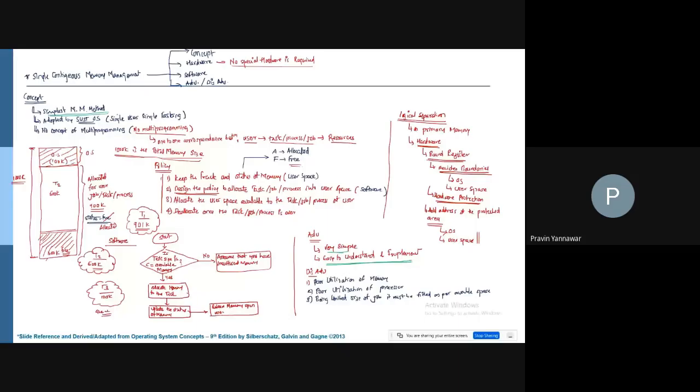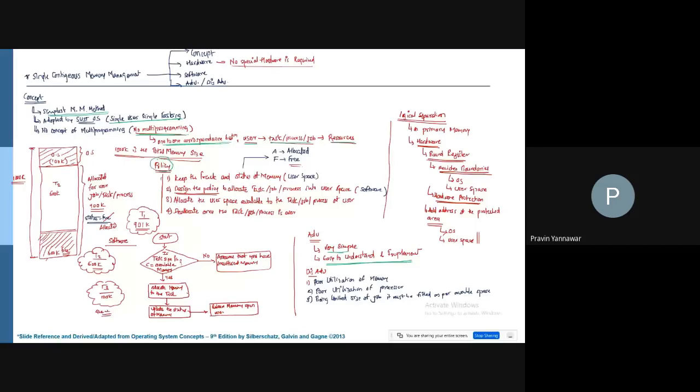This is adopted by single user, single tasking systems. There is no multiprogramming involved here. The user, task, process, and resources have a one-to-one correspondence.